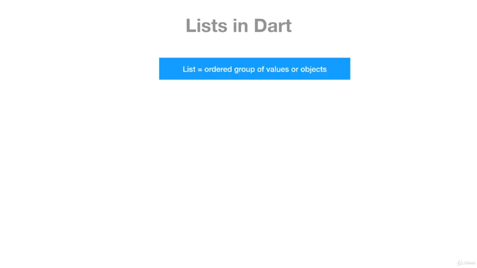A list is just a container that contains an ordered group of values or objects. A good example would be, for instance, here inside these square brackets, we have 12, comma, 1, 9, and 9. So this would be considered a list, or secretly an array if you're coming from a different language, but that's not a problem. And the interesting thing here is that when we create lists, they have to contain the same type.